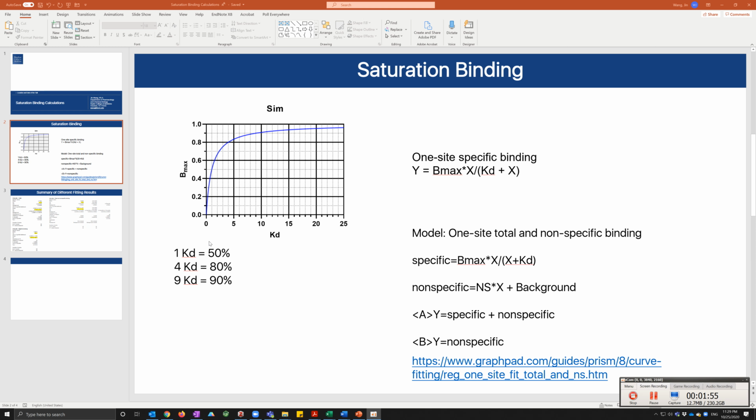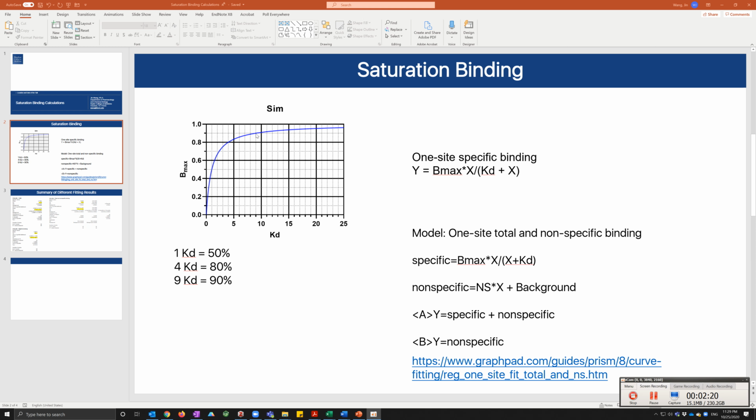So the thing is, when your tracer concentration equals KD times 4, you can only saturate 80% of your receptor, right? And when you have 9 times KD concentration, which is here, then you can only saturate 90% of the receptor.